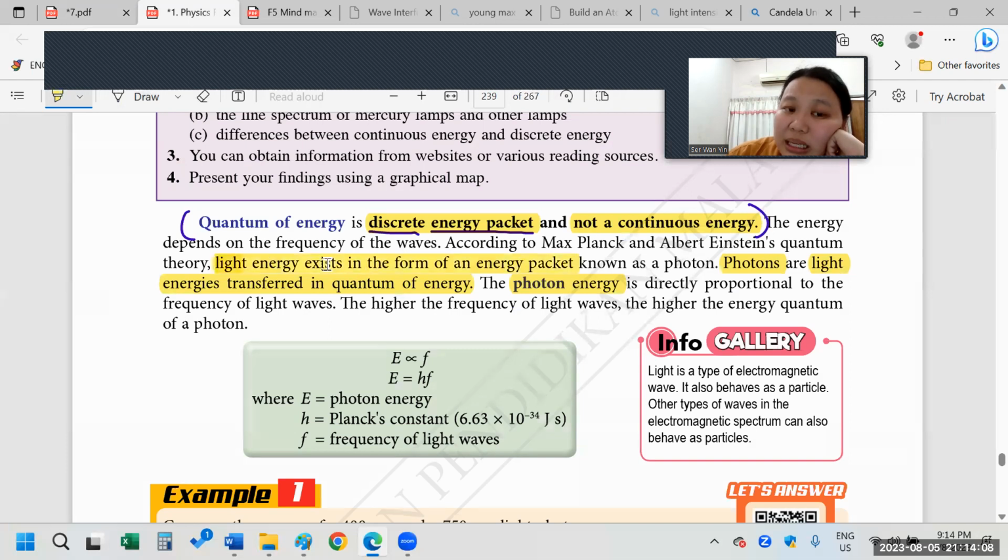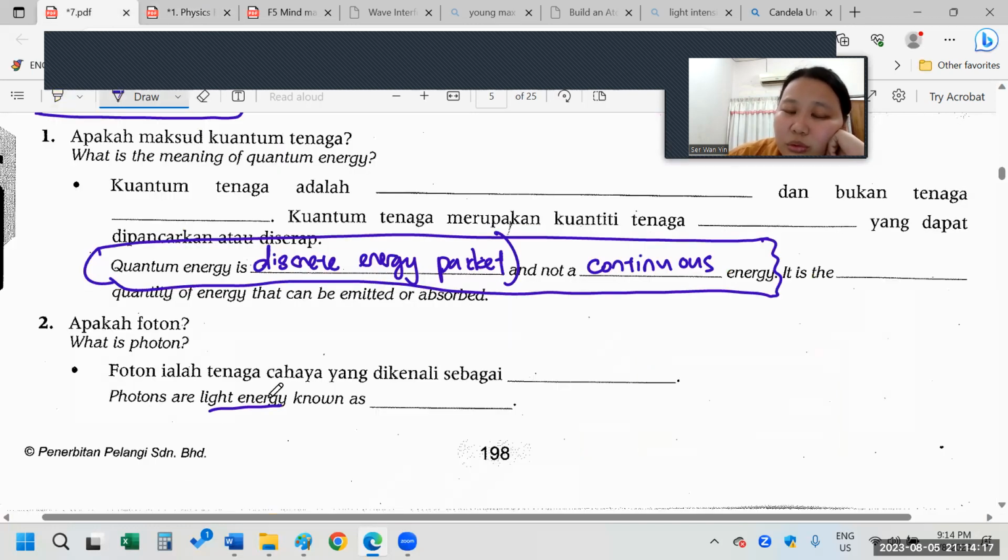Photon is light energy that exists in the form of an energy packet. Or you just remember: photons are light energy known as energy packet.